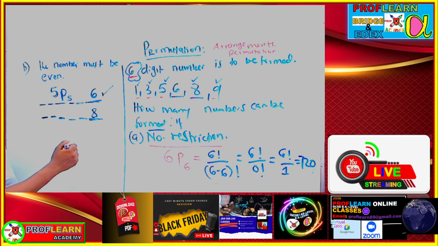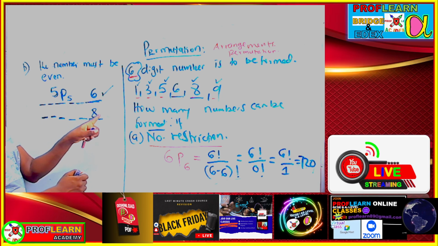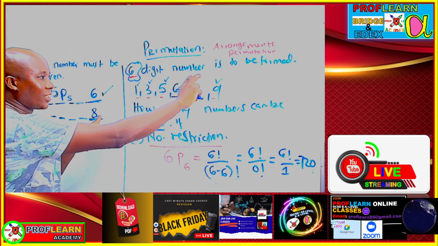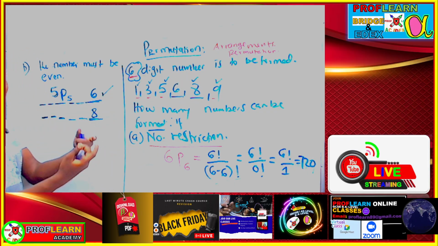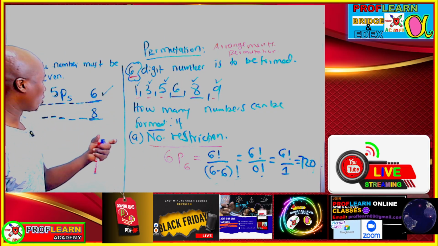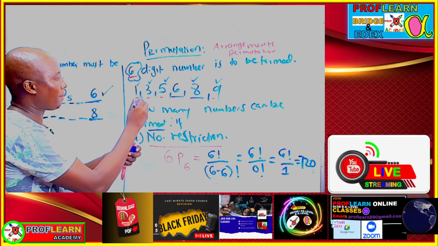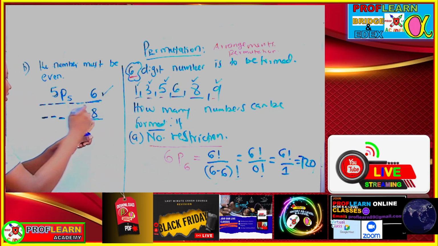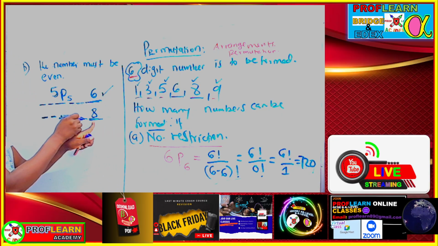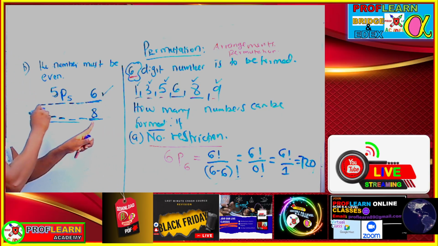And also here, if the last digit ends with 8, then 8 is not part of the selection that you are going to pick from, because 8 has already been taken. So you have 5 numbers remaining except 8, which can be arranged in the spaces that have been left here.